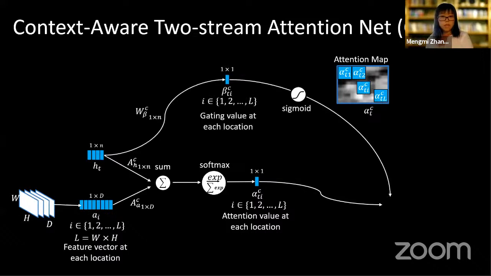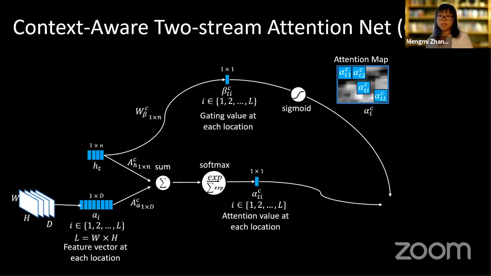By the way, I'm also introducing this gating value at each location. The contextual information at each location might not always be necessary for contextual modulation, right? For example, if I'm saying a random person in the baseball field, it might not contribute as much.